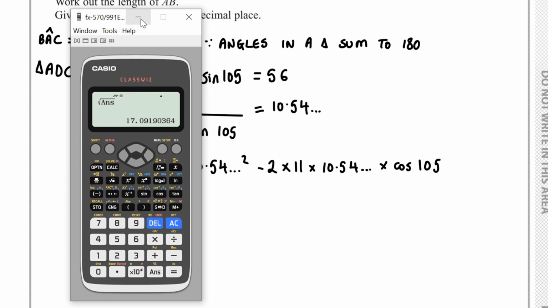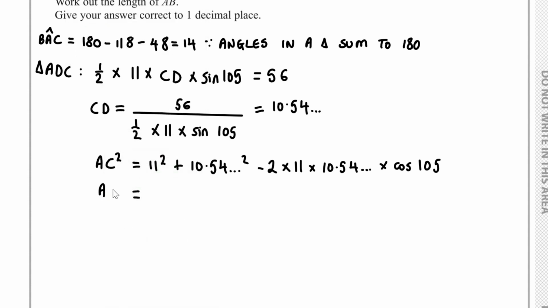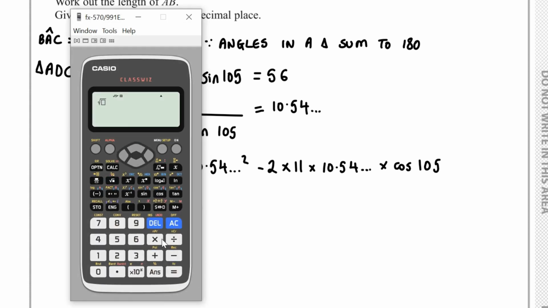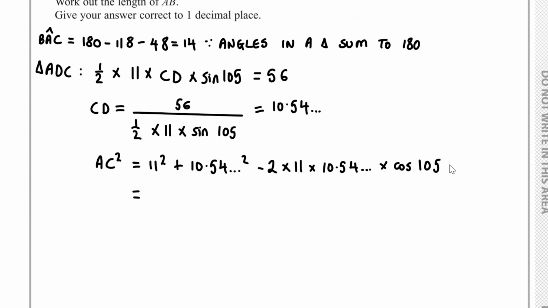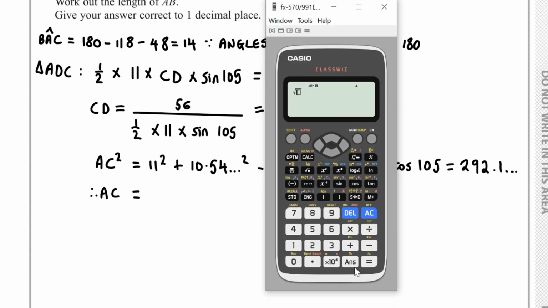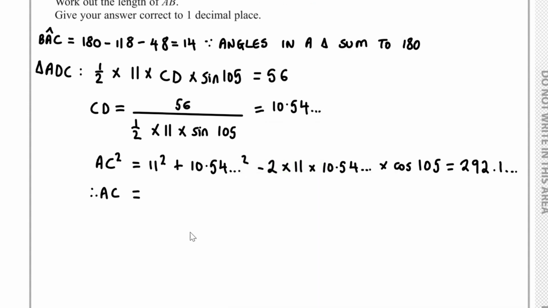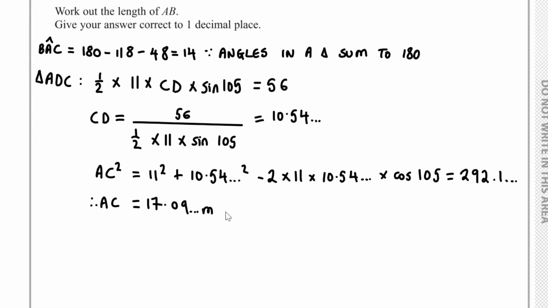So here AC squared is equal to 292.1, etc. Therefore AC is equal to the square root of this, which is 17.09, etc. metres.